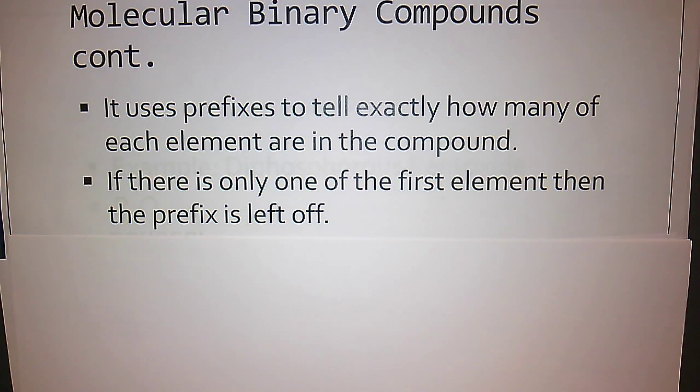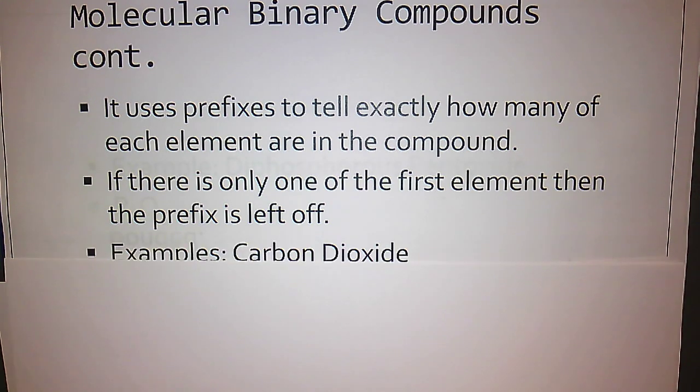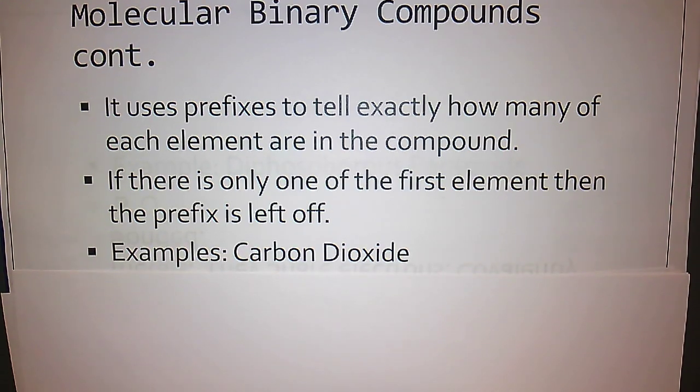If there's a prefix on the second one, then the first one doesn't have to have a prefix if there's only one of them. So if there's a prefix on the second, but no prefix on the first, then there's only one of the first. Okay? Does that make sense? It's kind of a weird deal. But the second element must always have a prefix.